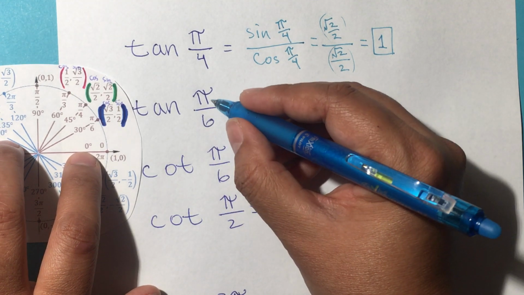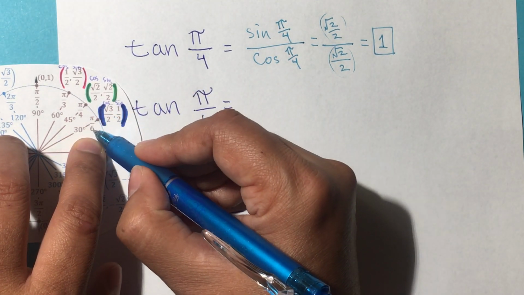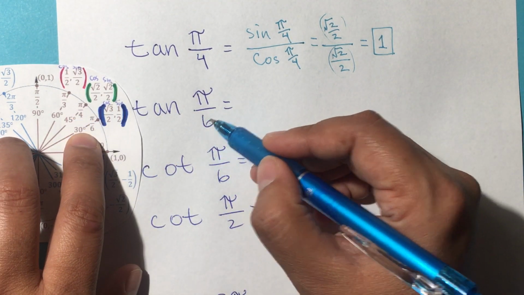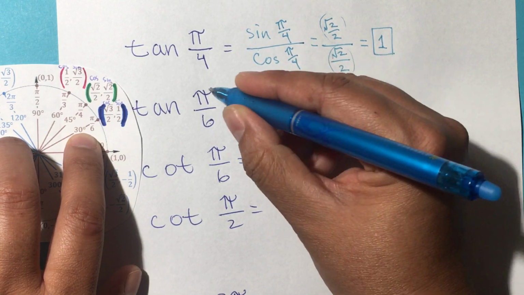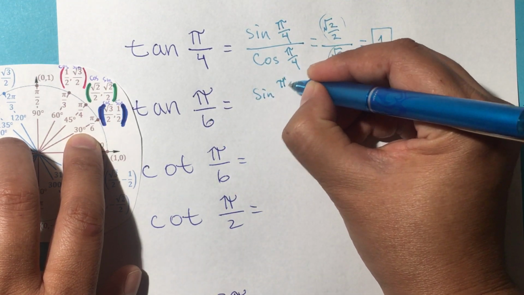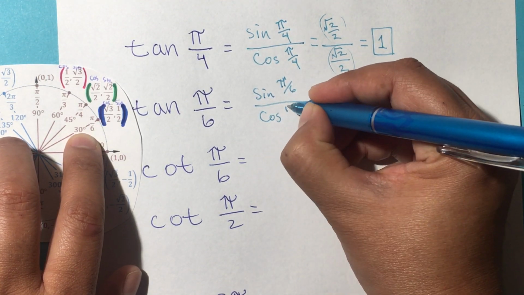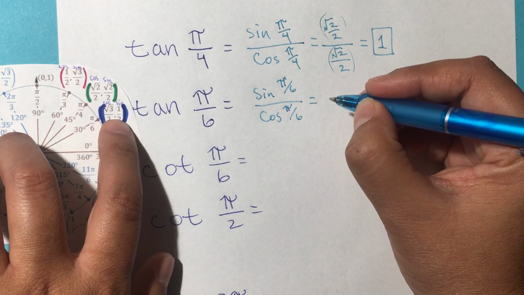For tangent of pi over 6. Pi over 6 is, remember that 6 goes with the 3 and the 3 goes with the 6. So if it's 6, that's the 30-degree angle. So again, tangent is always sine of that same angle, but in radians now, over cosine of pi over 6. So it's this one right here.